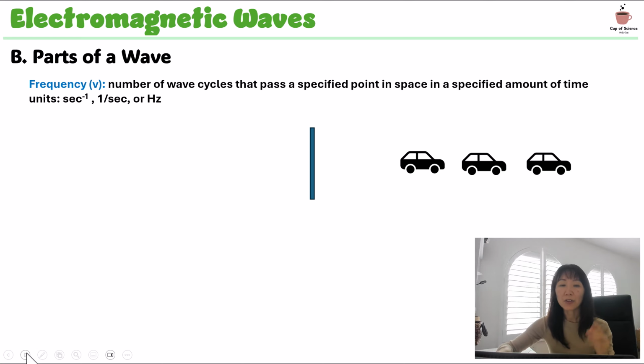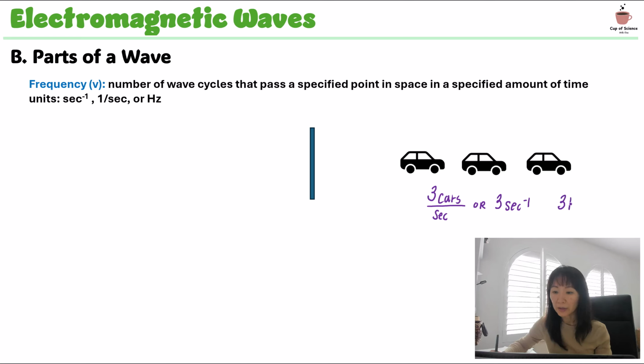That means the frequency of this is 3 cars over second, or we can say 3 second to the -1 power, or we can say this is 3 hertz. We can just write it as 3 per second instead of the cars.